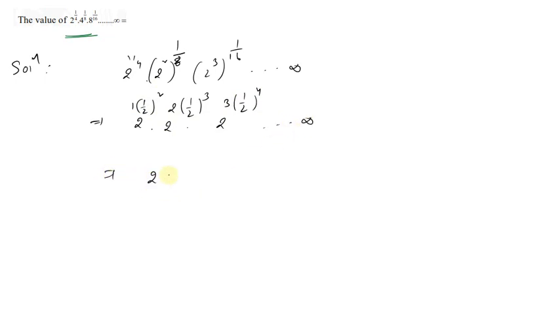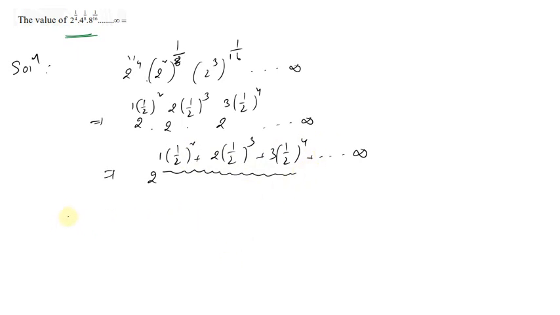So this implies 2 power 1 into 1 by 2 whole square plus 2 into 1 by 2 whole cube plus 3 into 1 by 2 whole power 4 and so on up to infinite. See, this power is in AGP, arithmetico-geometric progression. 1, 2, 3 are in AP. 1 by 2 whole square, 1 by 2 whole cube, 1 by 2 whole power 4, all these are in GP.